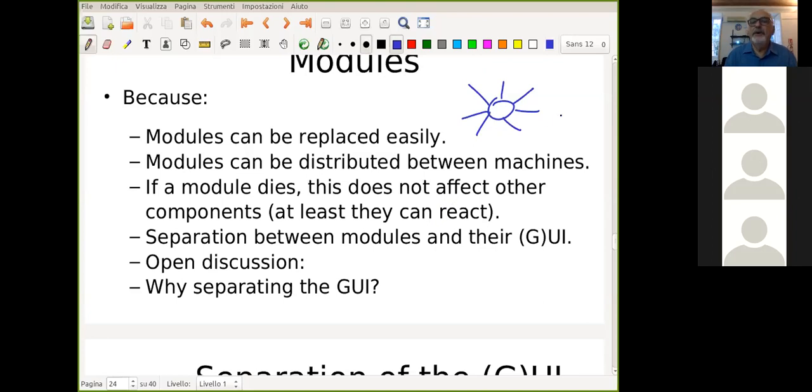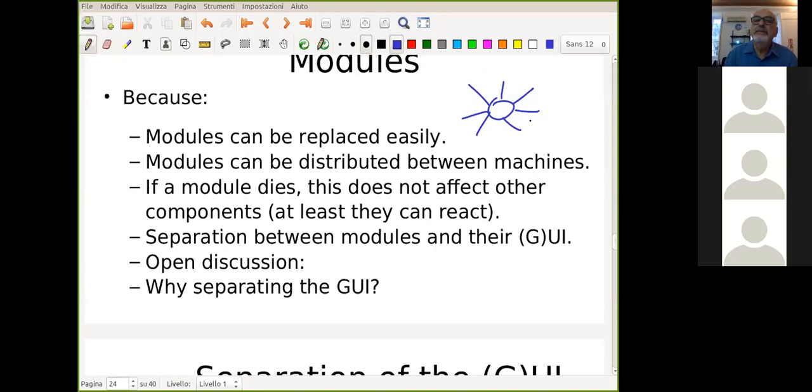Another point is related to what we said before. You have always to take into account that some module crashes. Dies is a dramatic word, but in general, the other jargon term is to crash.